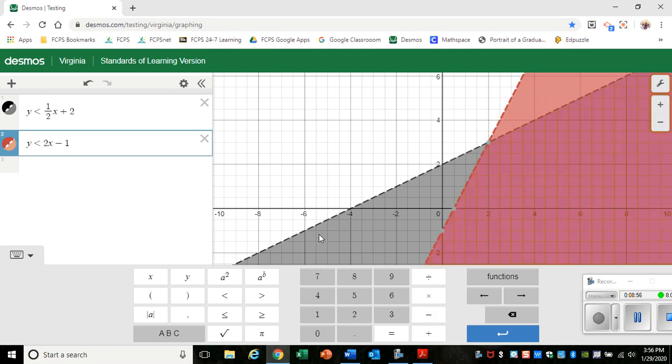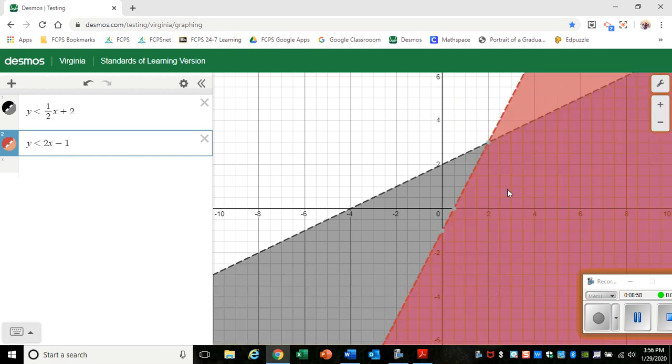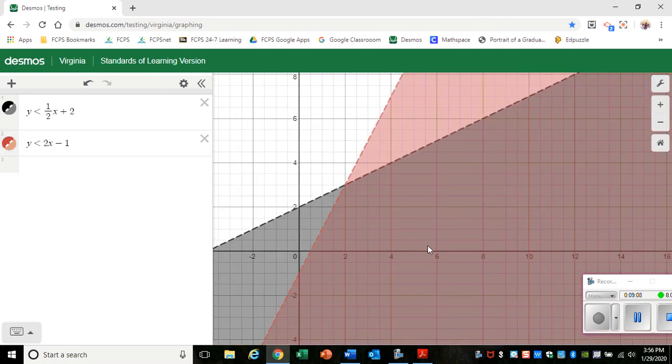Now, when you do that, right here, they graph each one and they shade each one. And the overlap, so this is the black, this is the red. You might have different colors. And this section right here, where you shade twice, is the answer. So any points in this section will be the solution for both of these inequalities.